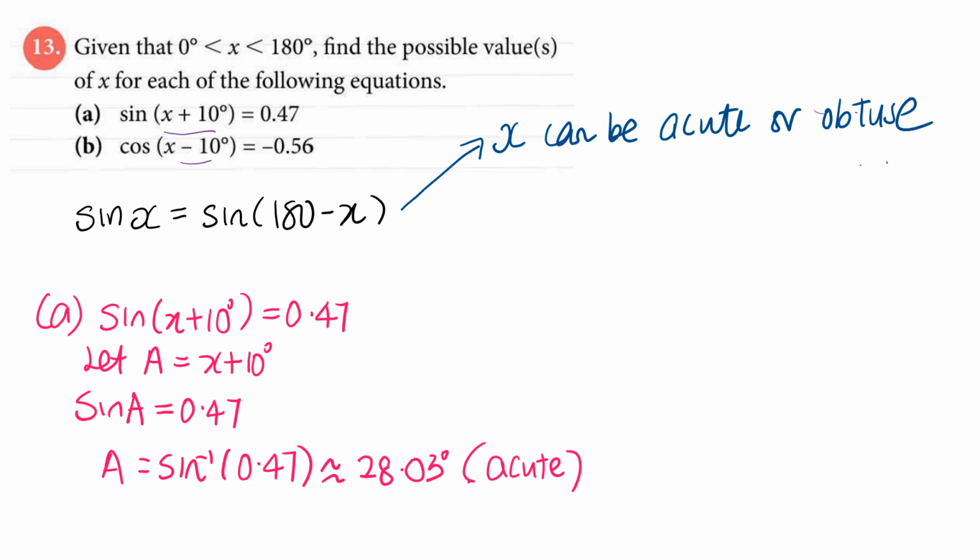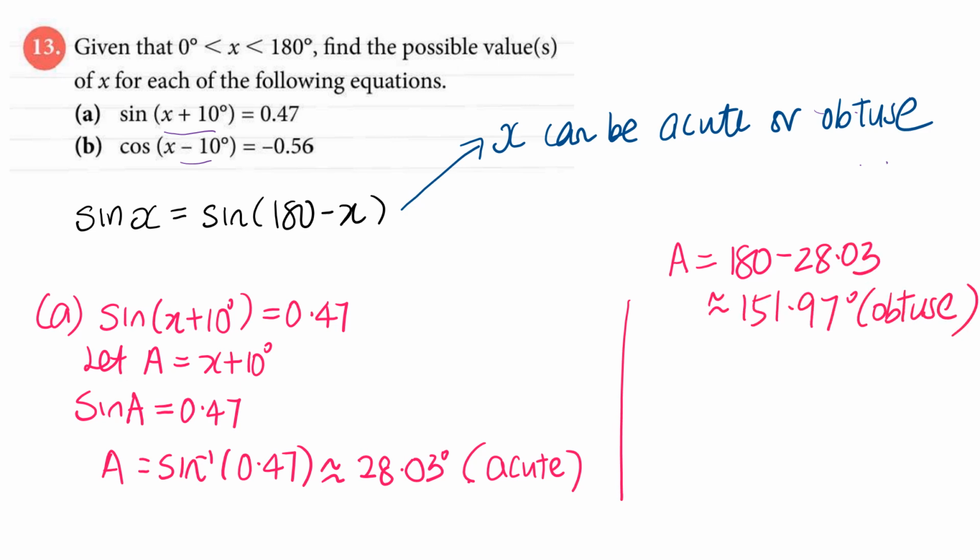So we get the acute angle, which is 28.03. We understand that there is also another possible angle, which is the obtuse angle, which is 151.97. However, your angle A is just a substituted value for x plus 10.